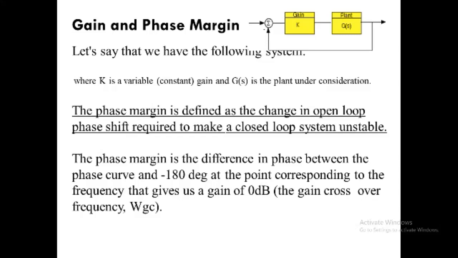Likewise, the gain margin is the difference between the magnitude curve and 0 dB at the point corresponding to the frequency that gives us a phase of minus 180 degrees. This phase crossover frequency is denoted as omega PC.